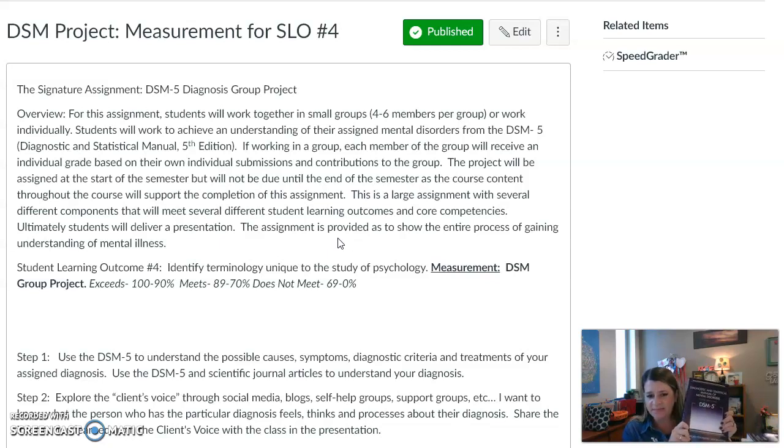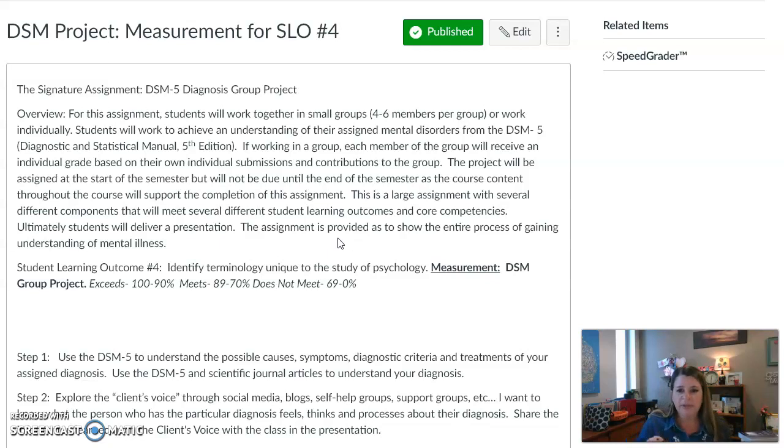This is what the DSM is, and it's in the 5th revision right now. It's a very, very thick book that includes all recognized psychological mental disorders. Because again we're online, I have provided to you in the module links to the online version of that. That's how you can still work with the DSM even remotely.